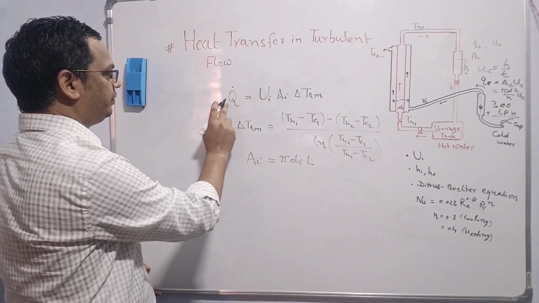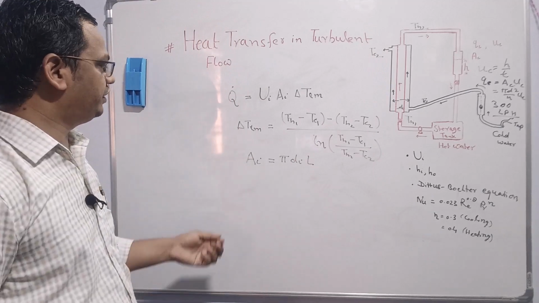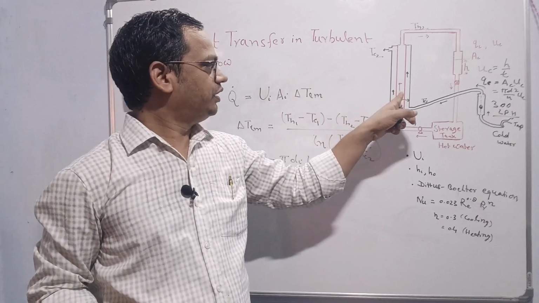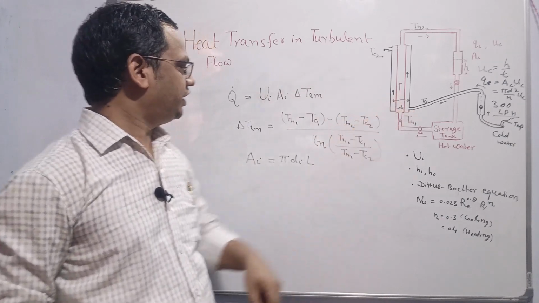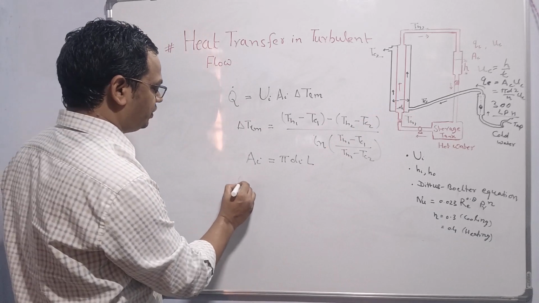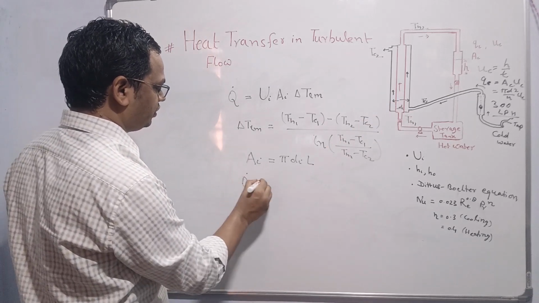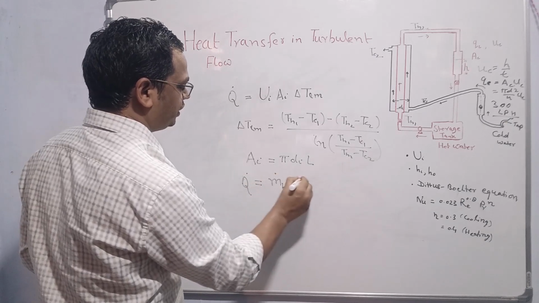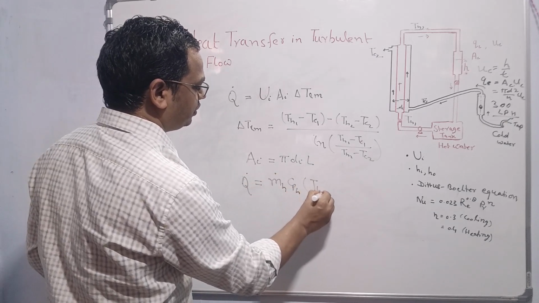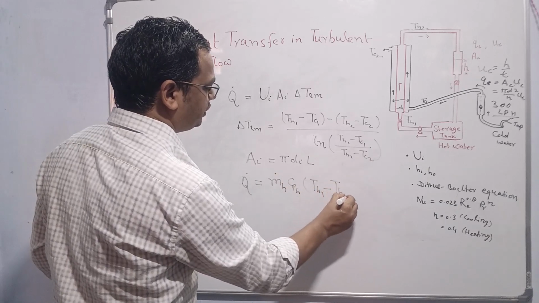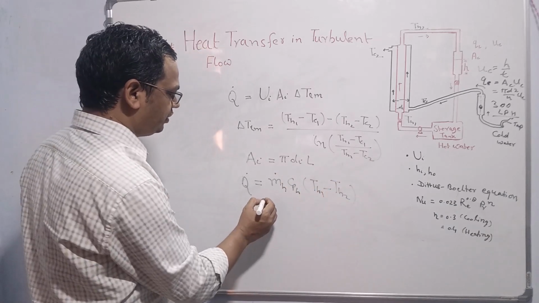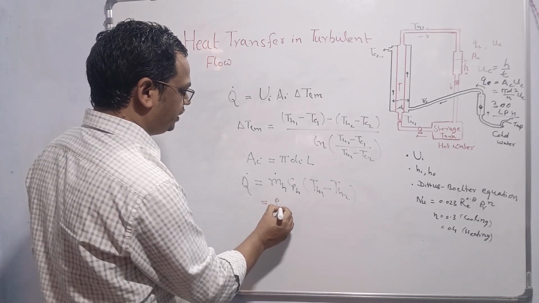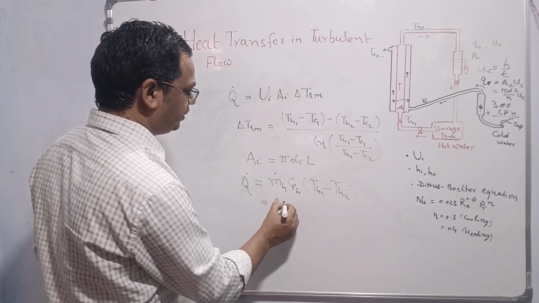And now next we need to find the Q dot, that is the rate of heat transfer. This can be found from the heat lost by the hot fluid in a particular time. So Q dot is equal to mH Cph into Th1 minus Th2. mH dot is the mass flow rate, which can be found from the density into volumetric flow rate QH.